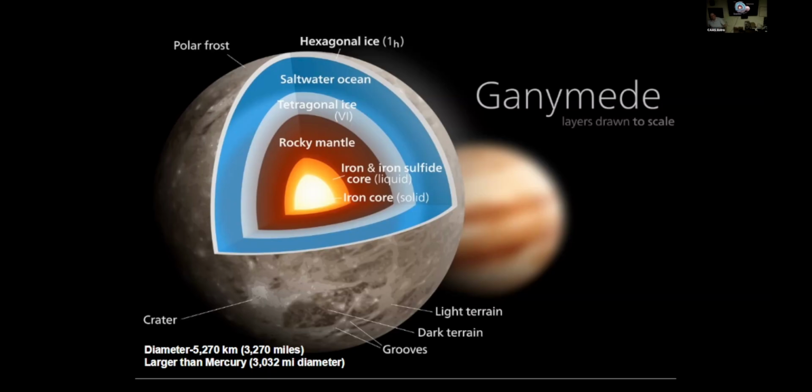So that's why it was able to capture water, other gases, and produce this larger size. If you took away all the ice, it would be smaller than Mercury.